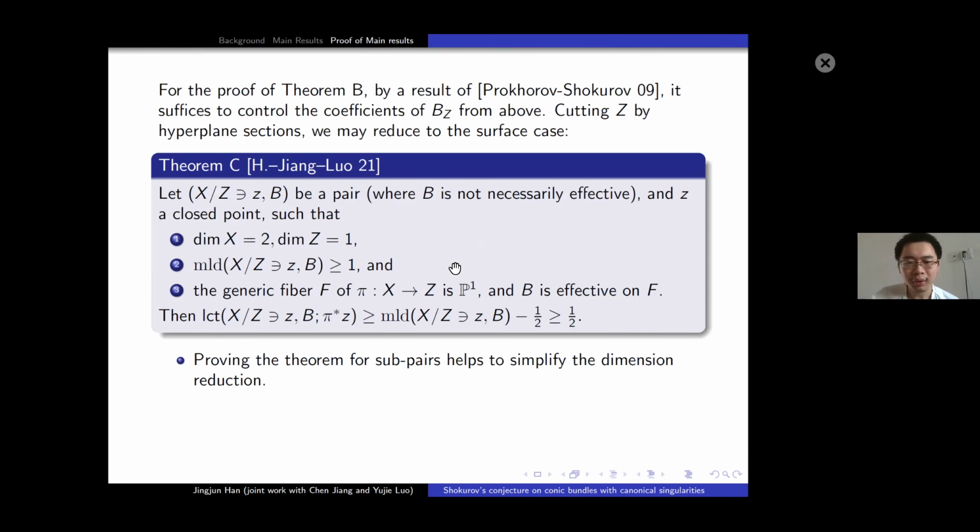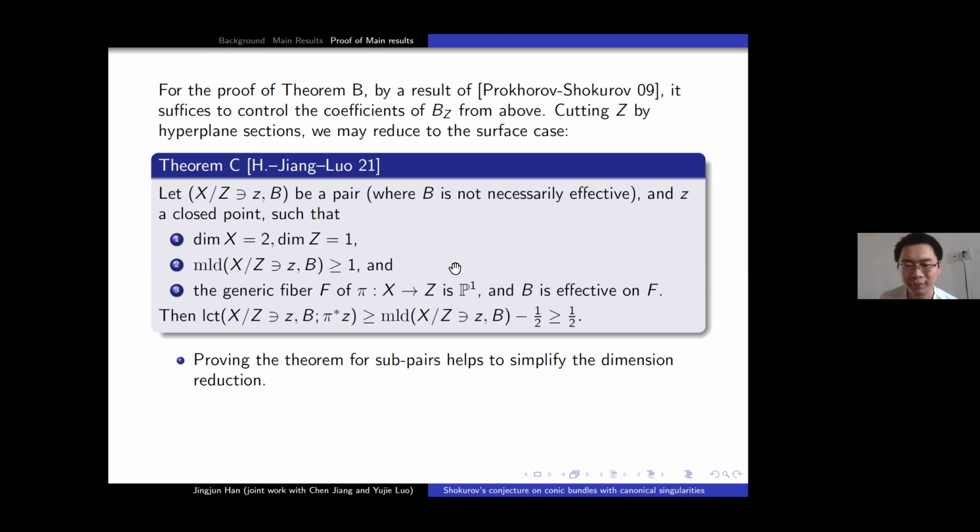The reason is that in our proof, in order to control the singularities, we need to take some high model of Z and we need to take the pullback. And in this case, the pullback of (X, B) to some high model may not be a pair, so the pullback of B may not be effective. So we need to prove the theorem in the surface case for subpairs, to simplify the dimension reduction.